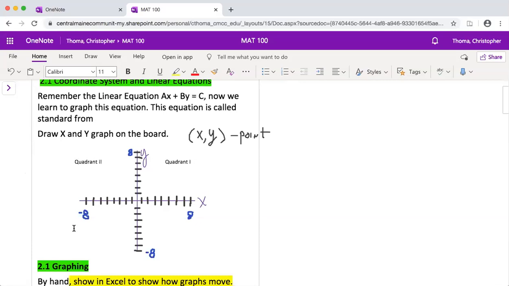And then down here is quadrant 3 and quadrant 4.